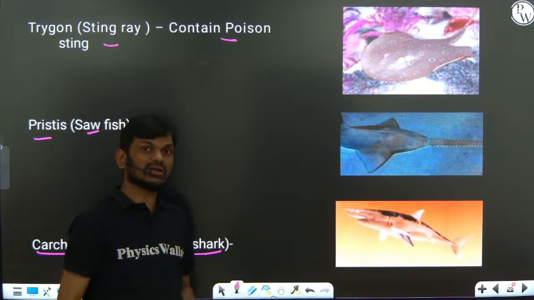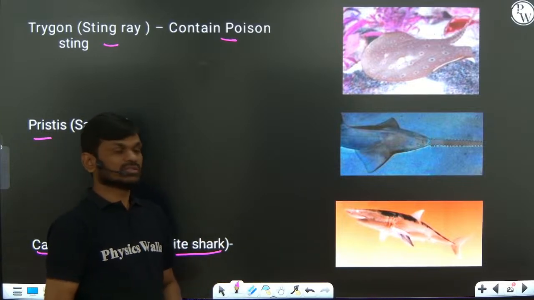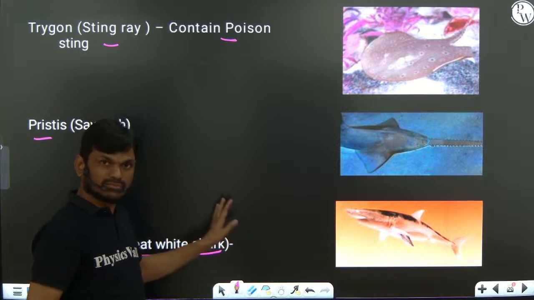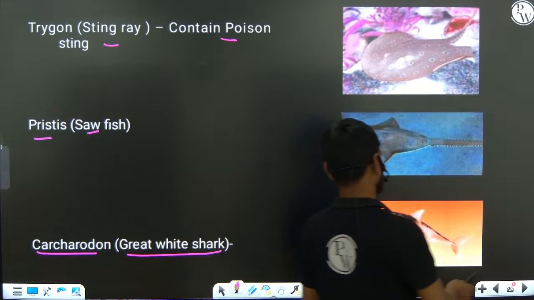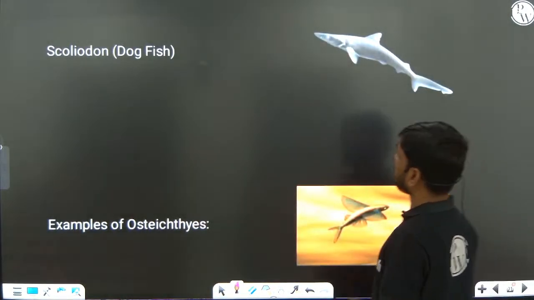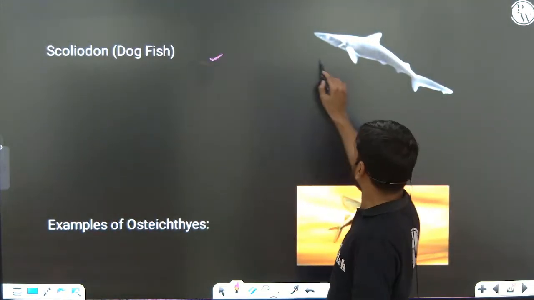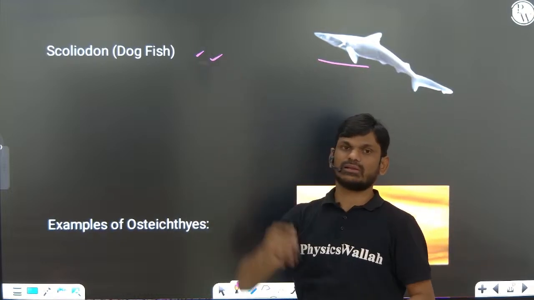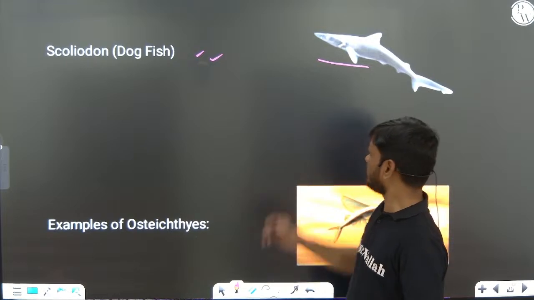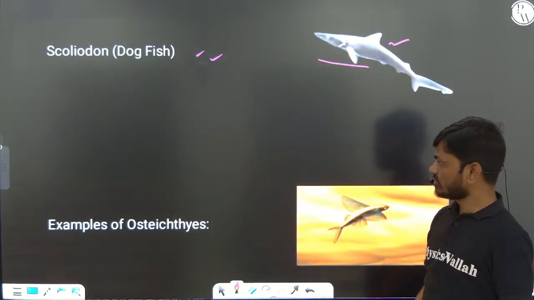This is the second largest living animal, second largest after the blue whale, and the whale shark. Scoliodon is called dogfish. Why are we calling it dogfish? Because the sense of smell is very high. So that's why we call it dogfish, right?